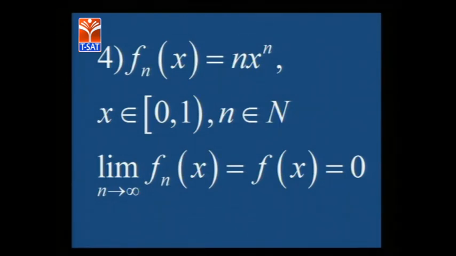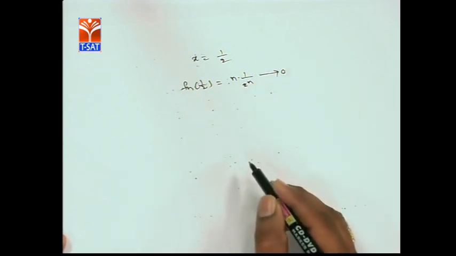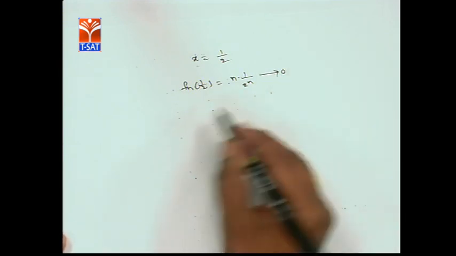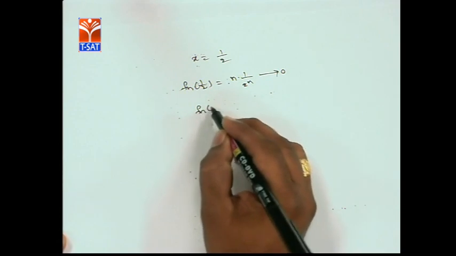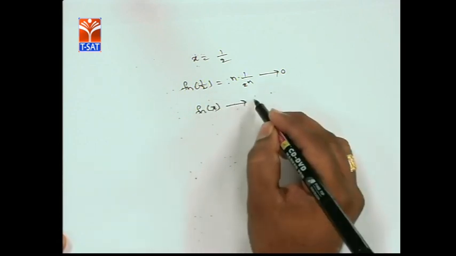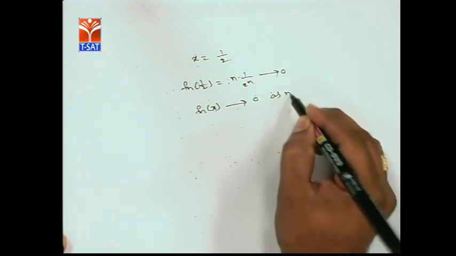Then fn of 1 by 2 is equal to n into 1 by 2 to the power n, which we know converges to 0 as n tends to infinity. In general, for any x, fn of x converges to 0 as n tends to infinity.